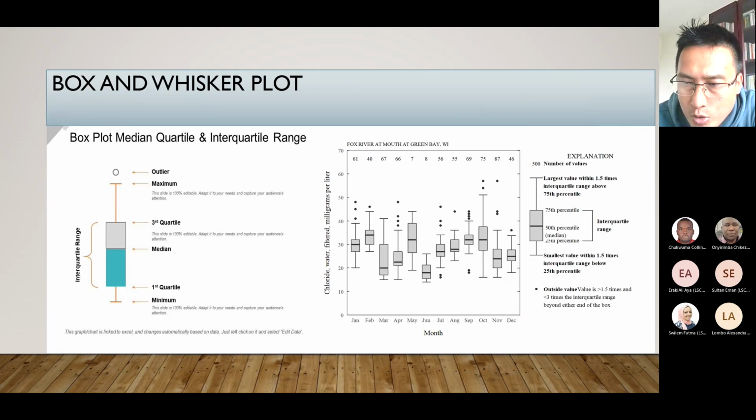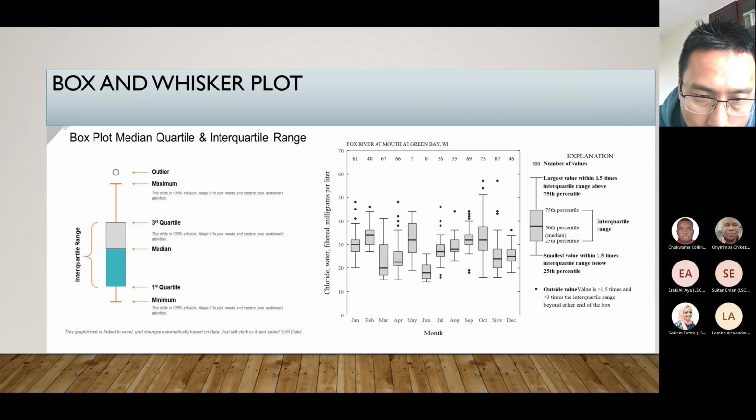Now let us do a quick question just to know how much we know from the graph. There's a graph. Can everyone see the graph on the right hand side? On the x-axis there's the month, and on the y-axis there are the numbers of findings for the chlorine water filter.